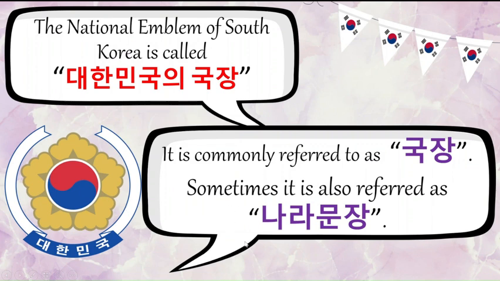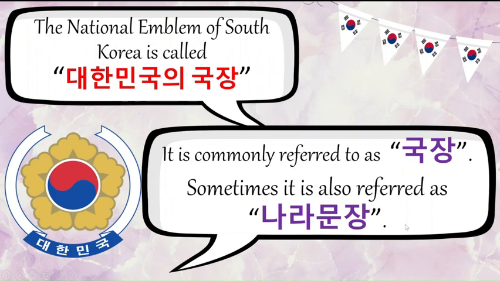Here you can see 나라 is the Korean word for nation or country, and 문장 is also a word for symbol or emblem or seal. So, country symbol or country emblem, 나라 문장. Okay? So, basically, the official word for national emblem is 대한민국의 국장. The shortened form is 국장. And another word for the emblem is 나라 문장.